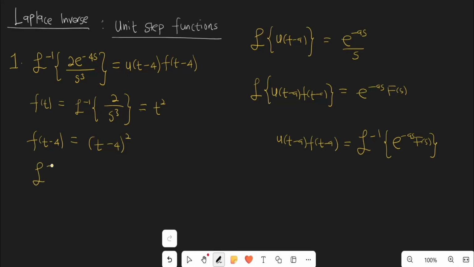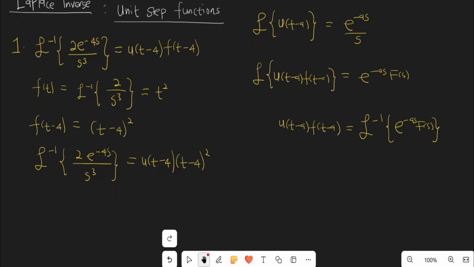That means the Laplace inverse of 2 e to the negative 4s all over s to the third is equal to u of t minus 4 multiplied by t minus 4 all squared. So this is the function whose Laplace transform is this. The Laplace inverse of this is equal to this Heaviside function.